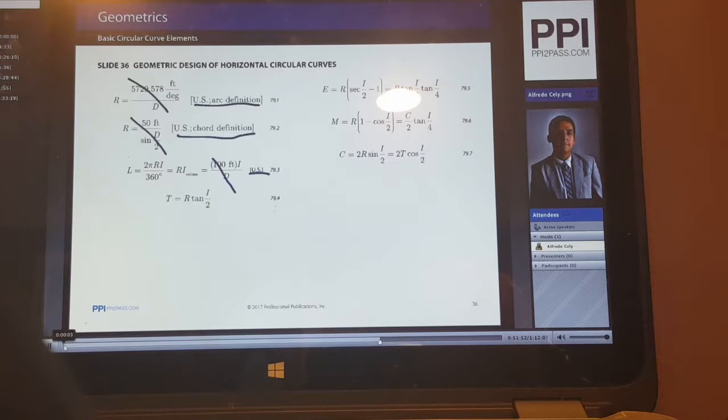If you are given a metric problem in horizontal curves, and you start using the arc definition or the degree of curvature concept, there's a very, very high possibility that you are on the wrong track, that you have veered off the road and now are out in the weeds. You probably may need to use a combination of these equations to solve for a metric type problem. Just keep that in mind.